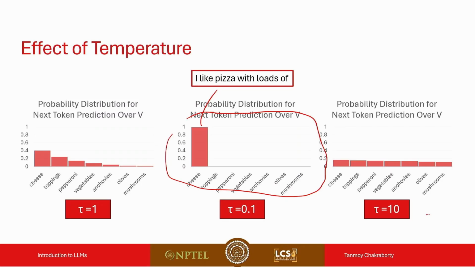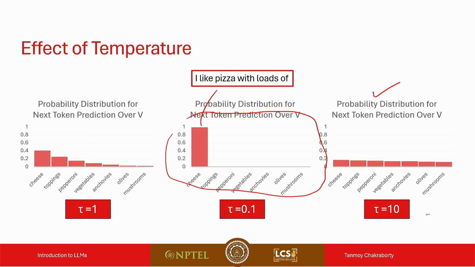So you can play with this temperature parameter tau. If you want to be deterministic, you always choose the lower value of tau. If you want to be more stochastic, probabilistic, with more variation and more diversity, you should choose a high value of tau, depending upon your application.